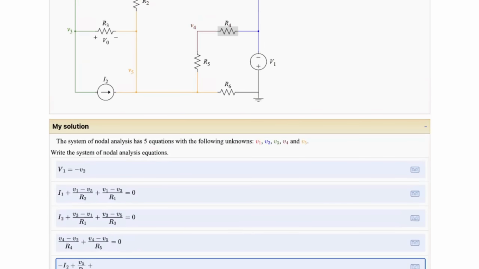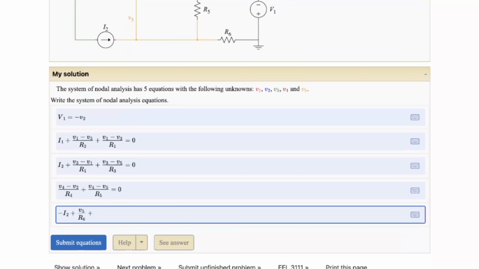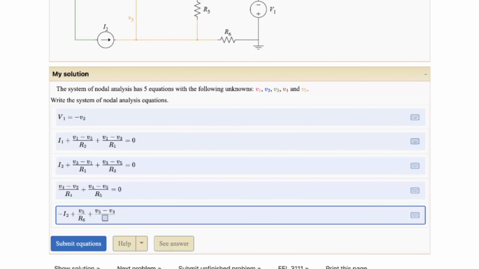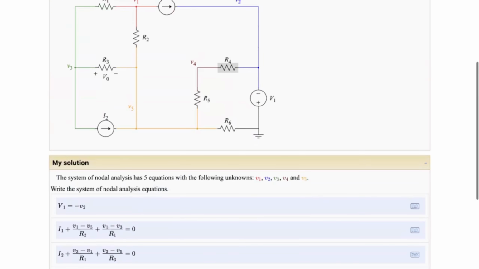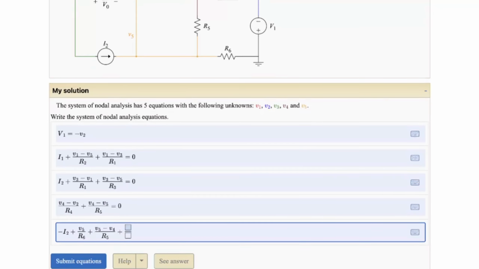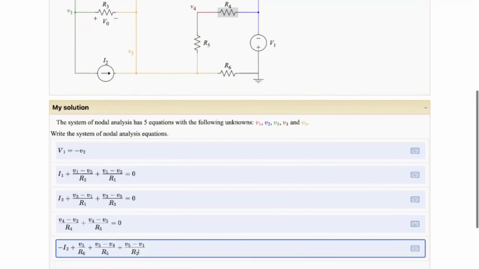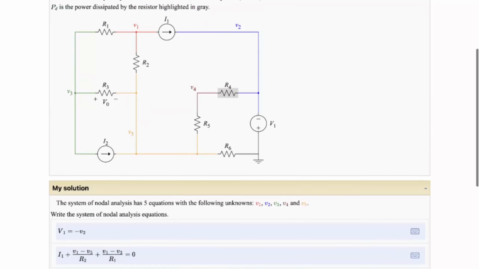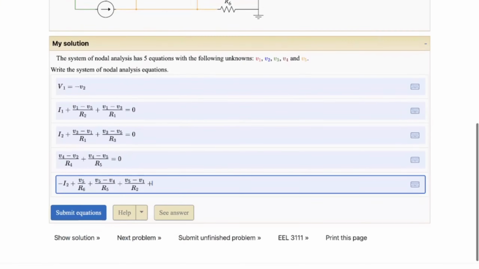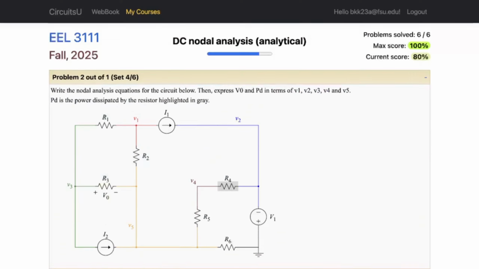I'm going to add that with the current going from V5 to V4 over R5, so V5 minus V4 over R5. Add that to the current going through R2 from V5 to V1, so V5 minus V1 over R2. And then finally, the current going from V5 to V3 over R3. So we're going to have V5 minus V3 over R3 equals 0. I should submit that.